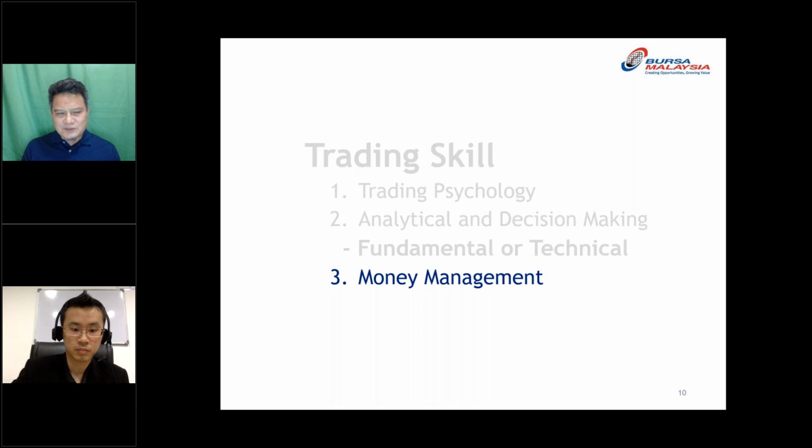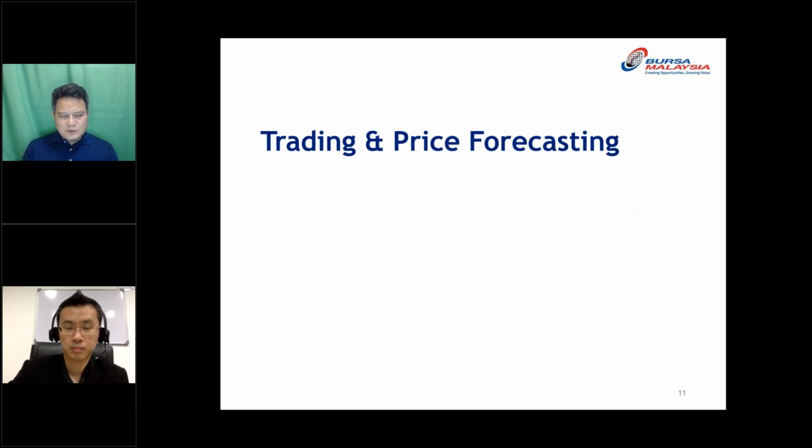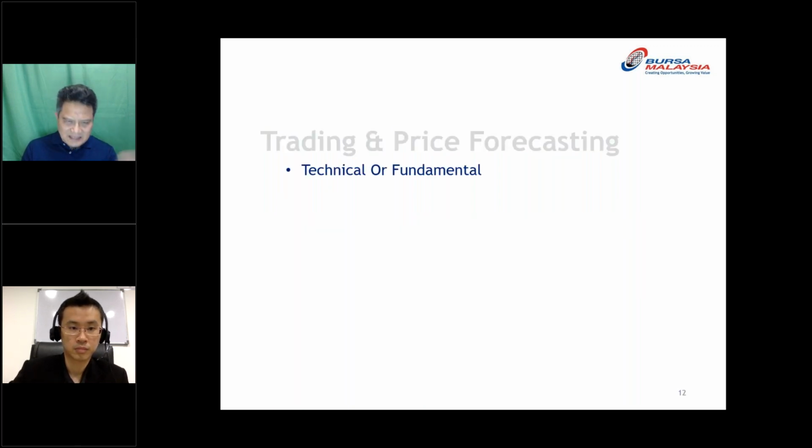These are the three very important components that you must have if you want to be a good trader. When we talk about trading and price forecasting, we are talking about technical or fundamental, which means that you want to forecast price. What kind of tools do you use? Either technical analysis or fundamental analysis.